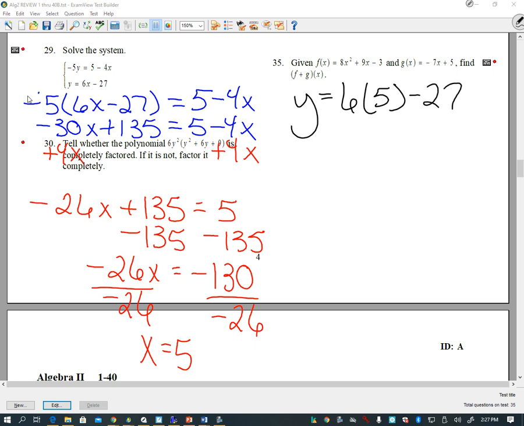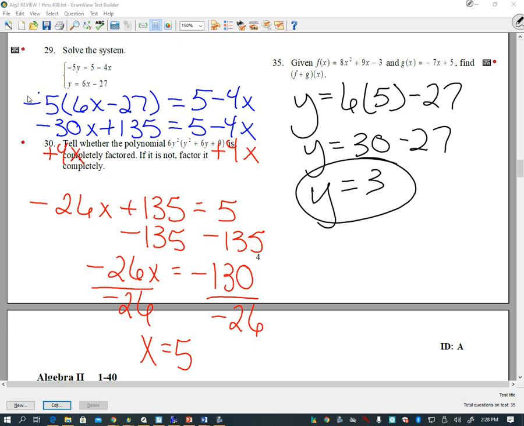Okay, keep going for me. What do I do next? Okay, and then finish that off and y equals 3. Okay, so I got 5 and 3.